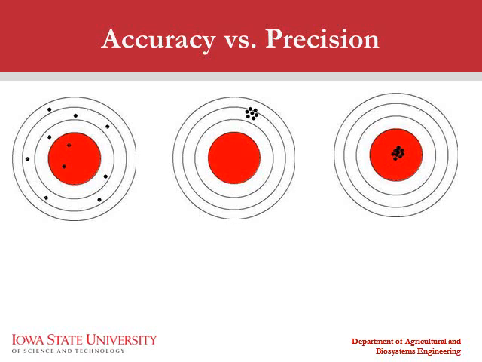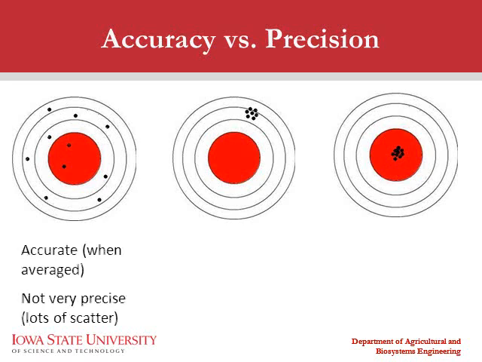So let's talk a little bit about the comparison of accuracy versus precision. And this somewhat gets back into our discussion of pass-to-pass versus long-term accuracy, year-to-year accuracy. The image on the left shows a targeted bullseye with a scatter of points along that target.